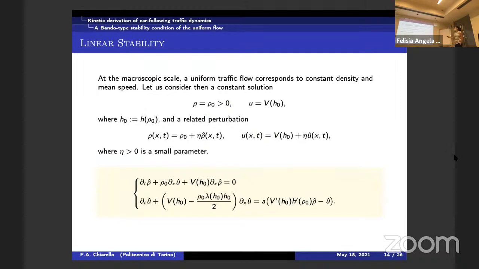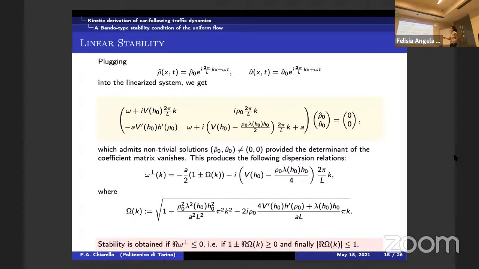So we can study the linear stability of this system at the macroscopic scale. A uniform traffic flow corresponds to a constant density and mean speed. So we can consider a perturbation like this one, where eta is a small parameter, and we can write the linearized system.